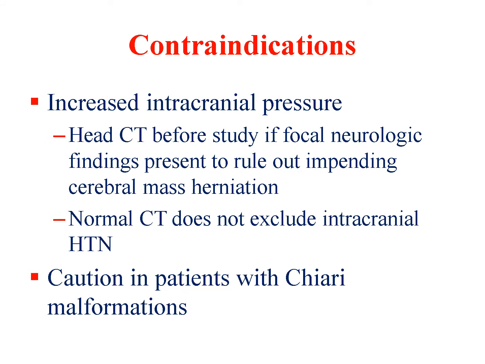Also, increased ICP: head CT before the procedure, if focal neurological findings are present, should be done to rule out impending cerebral mass herniation. However, normal CT does not exclude intracranial hypertension. Also, caution should be taken in patients with Chiari malformations.